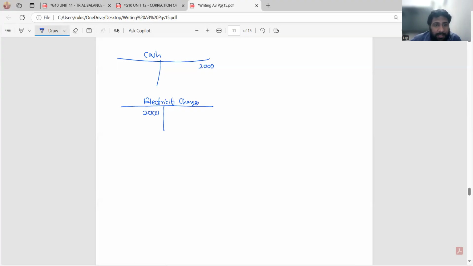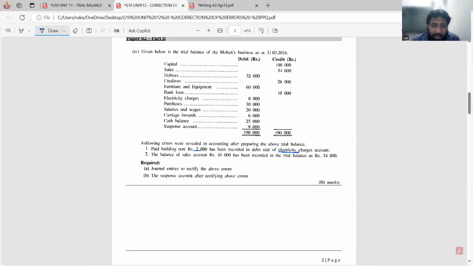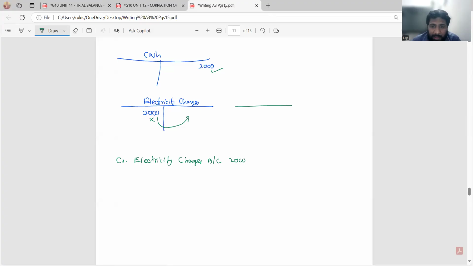So here what you have to understand, this is correct. This is wrong. So we have to remove that 2000. Remove, then credit the electricity charges account 2000. It's a building rent paid, so you have to put it to the correct account.